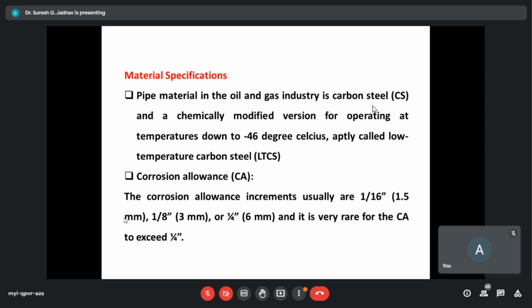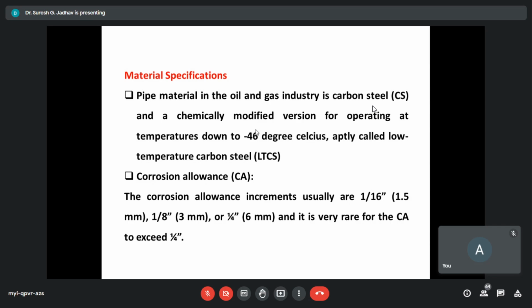Now, material specifications. The most commonly used pipe material in the oil and gas industry is carbon steel. Carbon steel is widely used, and a chemically modified version for operating at temperatures down to minus 46 degrees Celsius is called low temperature carbon steel, which stands for LTCS.